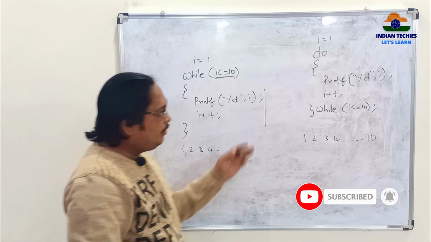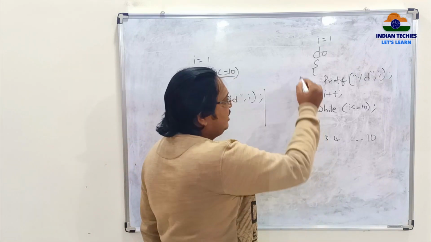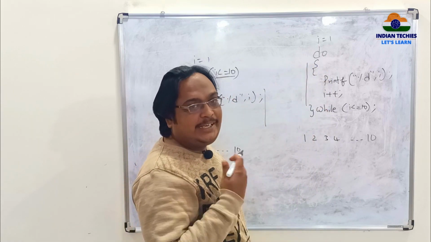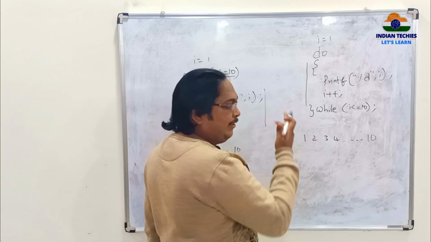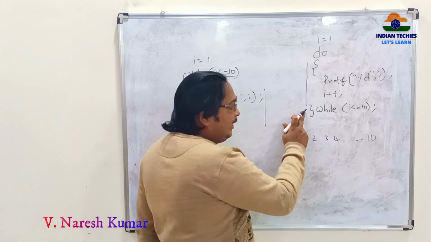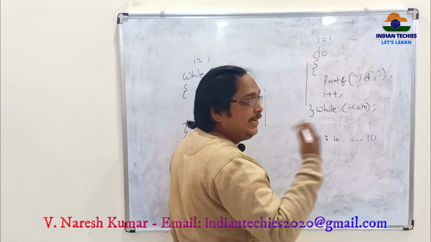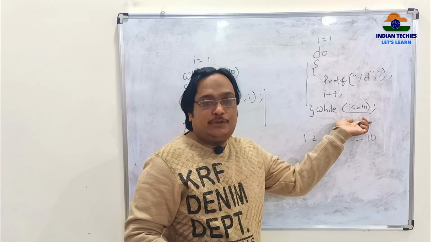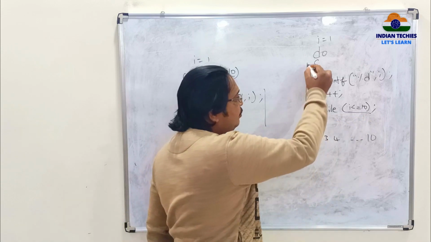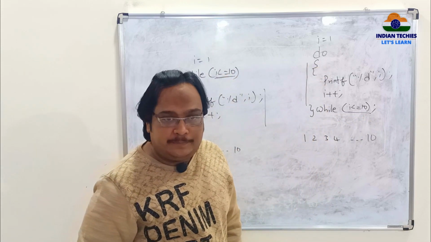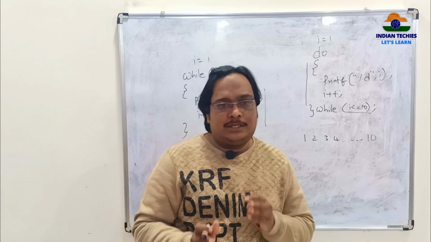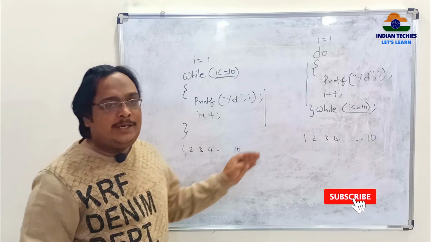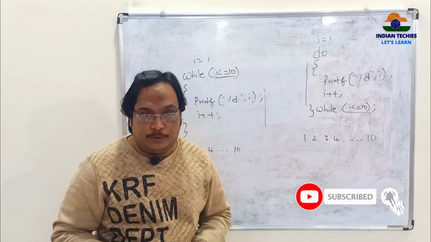But when you come to do while, first of all you use the free version, means execute the do block. You can directly use the free version for 1 month or 1 week. Later, if you want to continue for the next month, compulsorily you have to pay. Suppose you are not interested in paying, at least you have used the basic version for free. So this example is just for your understanding to compare while loop and do while loop.